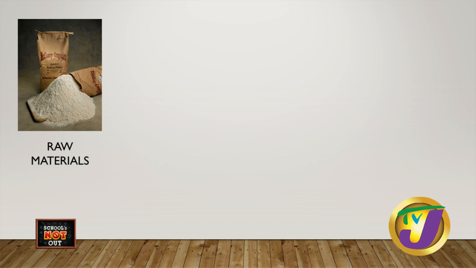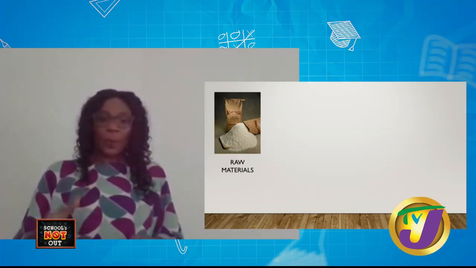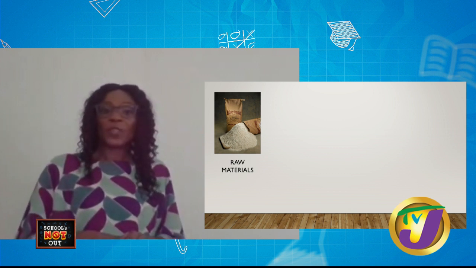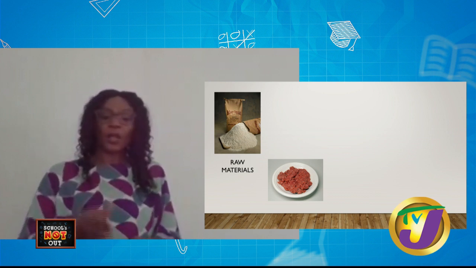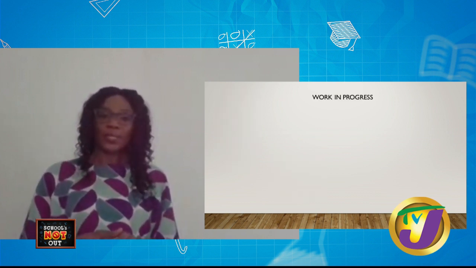In this case, we're going to say raw materials. I'm thinking of flour, whether white flour or wheat flour, whichever type of patty you like. Now, the flour is a part of the raw material. Likewise, we may have some minced beef, the filler for the patty itself. All of those would be our raw materials.